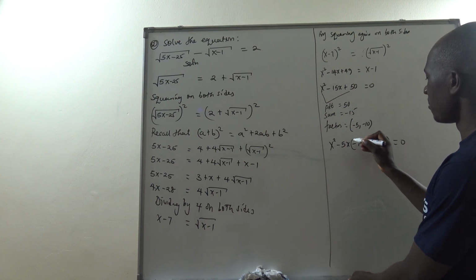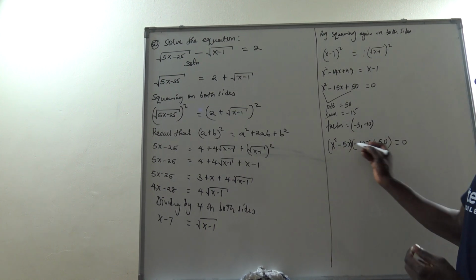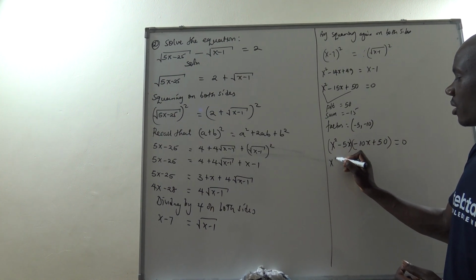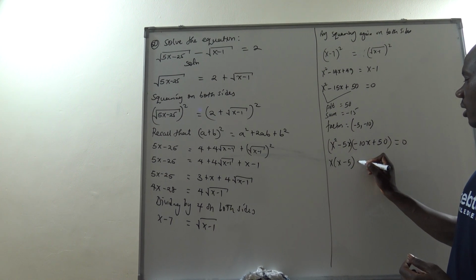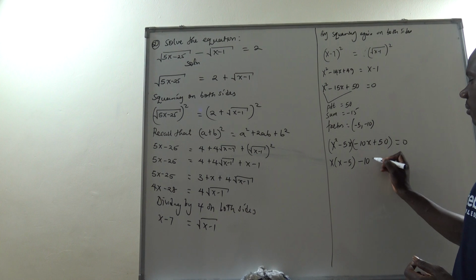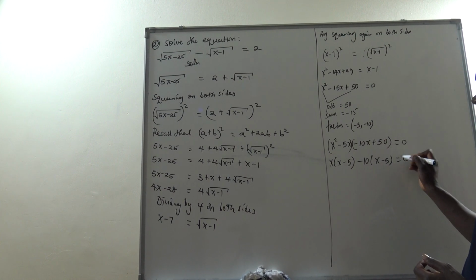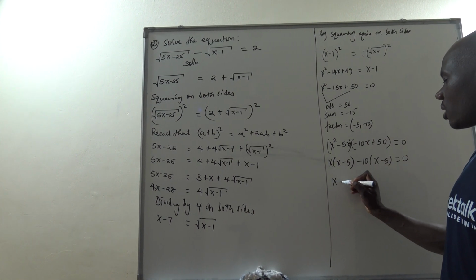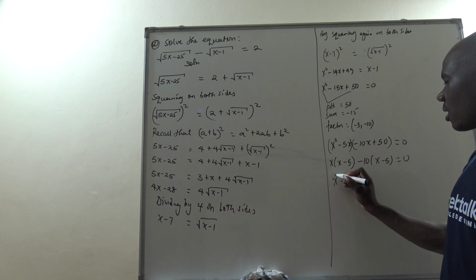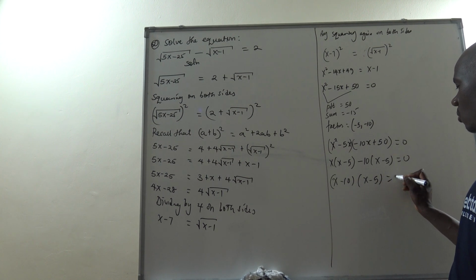So what is common here is x into x minus 5. Again, what is common here is negative 10 into x minus 5. The whole thing equals 0. So when you reach here, we write x minus 10 into x minus 5 equals 0.